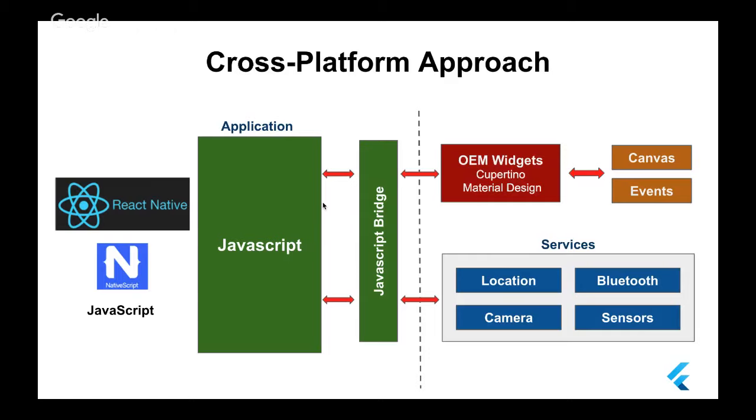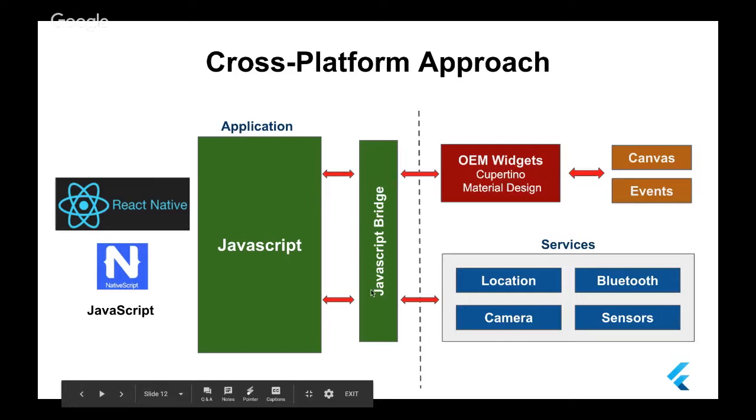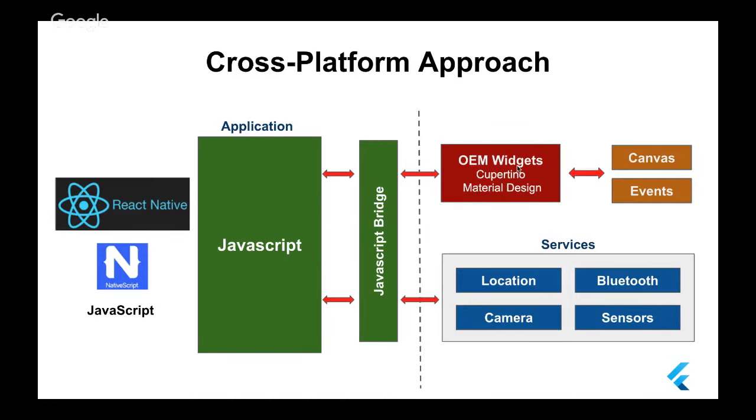There is a little bit of delay if you are using React Native. Maybe you don't feel that if you are just displaying some data or some text on the screen, especially now that all mobiles or devices have 4 GB or 6 GB of RAM. So the main problem with this approach is the JavaScript bridge between your code and the OEM widget system or the UI system.